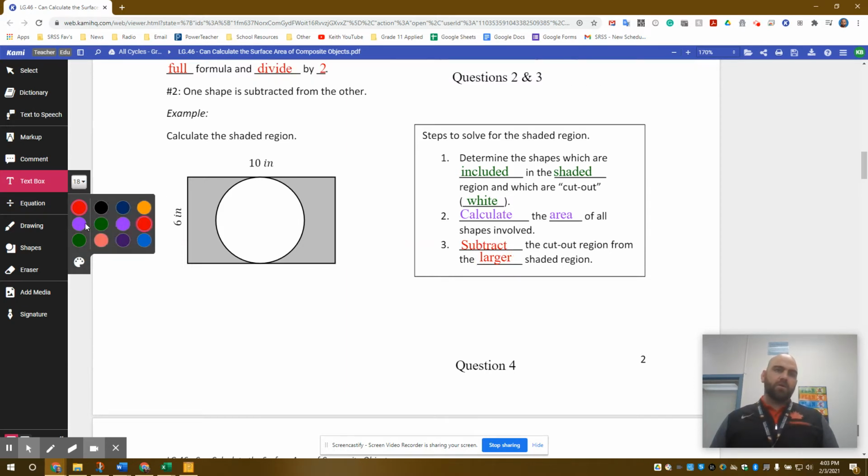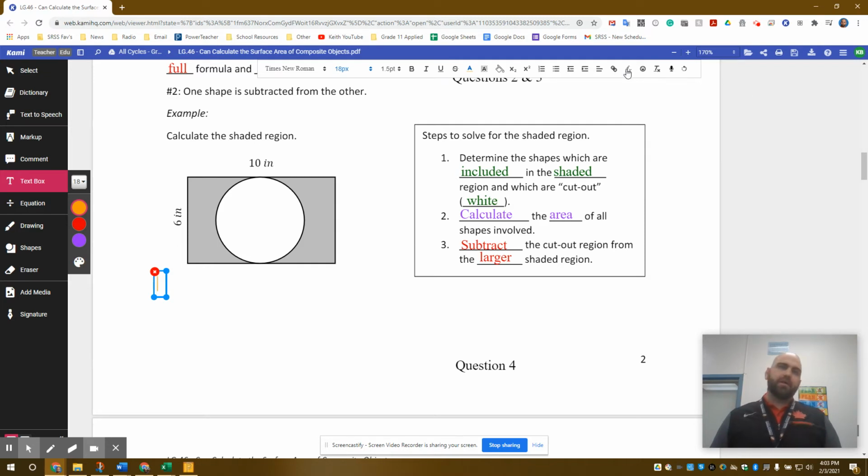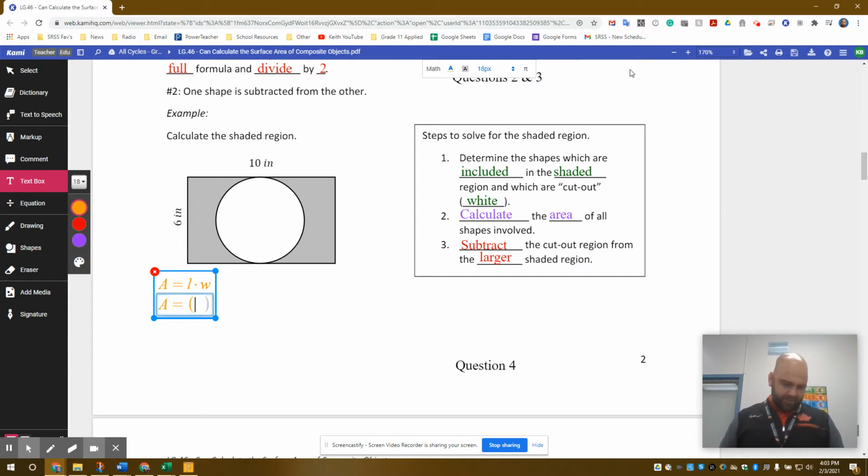So to start, let's find the area of the rectangle. Usually the area of a rectangle tends to be the easier one to find: length times width. So our area is equal to 6 inches times 10 inches. And again, we can do that vice versa. It's going to give us the same answer.